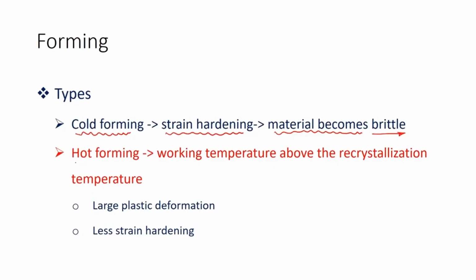The next group is the hot forming process. Here we apply heat energy, and when the temperature is above the recrystallization temperature, then we apply the mechanical forces. During this hot forming process, we get large plastic deformation and the strain hardening would be less.